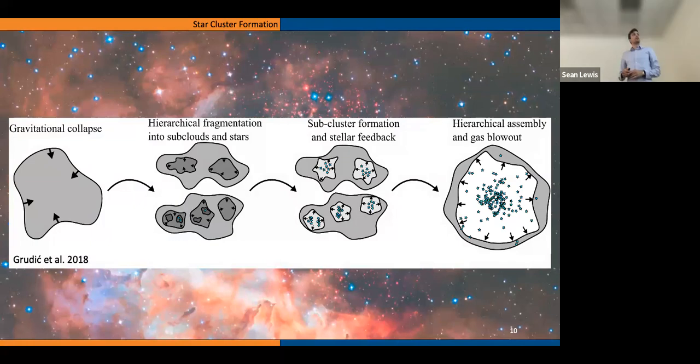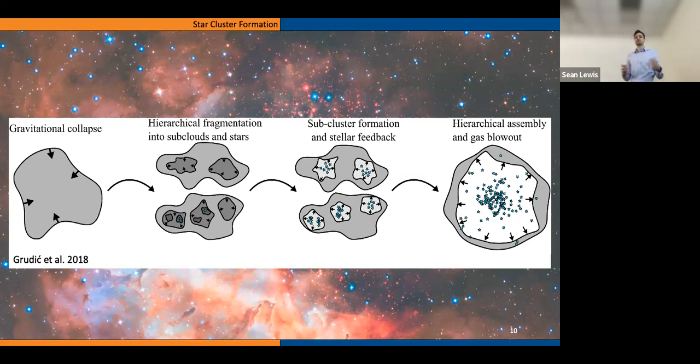Okay, the star cluster formation process. This is a good sort of cartoonish example of how this functions. So we have a gravitationally collapsing giant molecular cloud. And as this cloud collapses, it'll hierarchically fragment into subclouds, which then continue to collapse and eventually form stars.